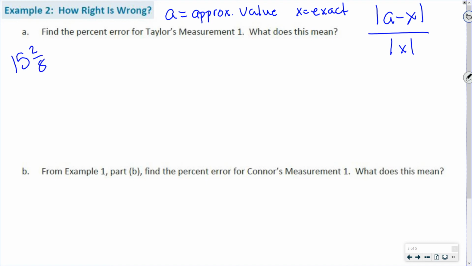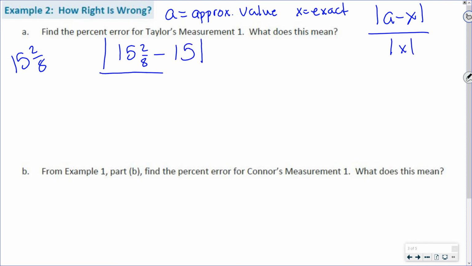So to find the absolute value of, my gracious, I'm sorry guys. These are starting to get mixed up for me. I apologize. All right, to find the percent error for Taylor's measurement 1, we're going to take the absolute value of 15 and 2/8. That was the approximate value minus the actual value, which was 15 inches.